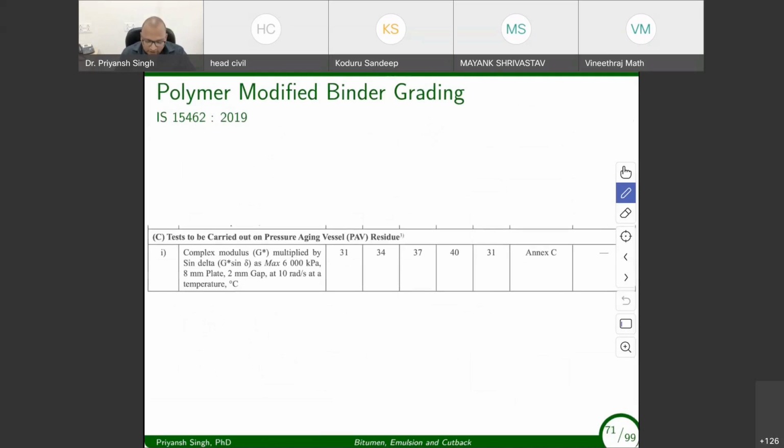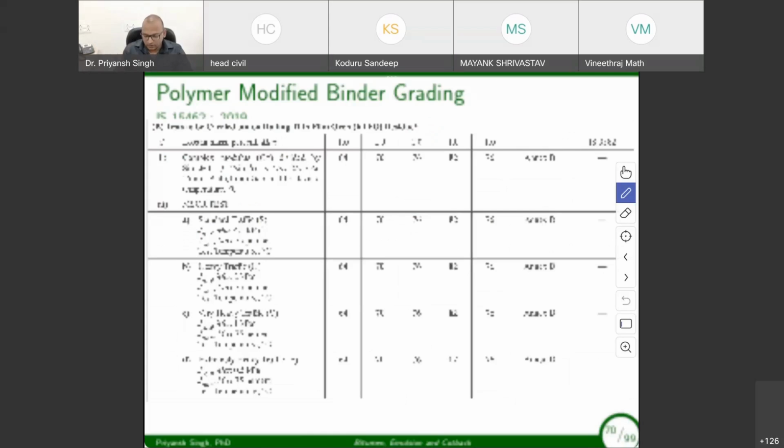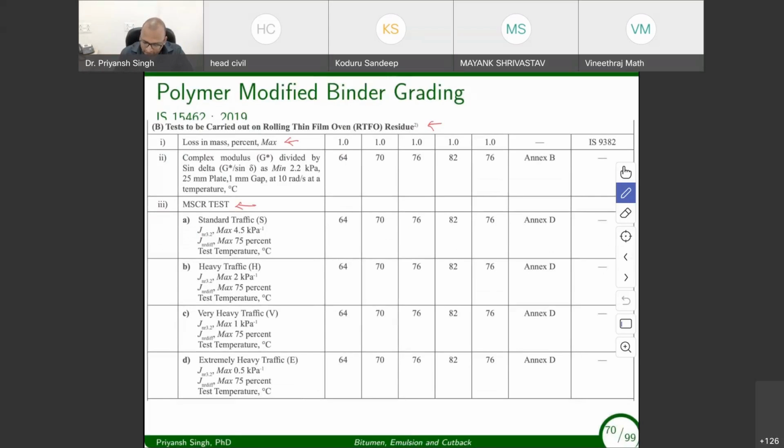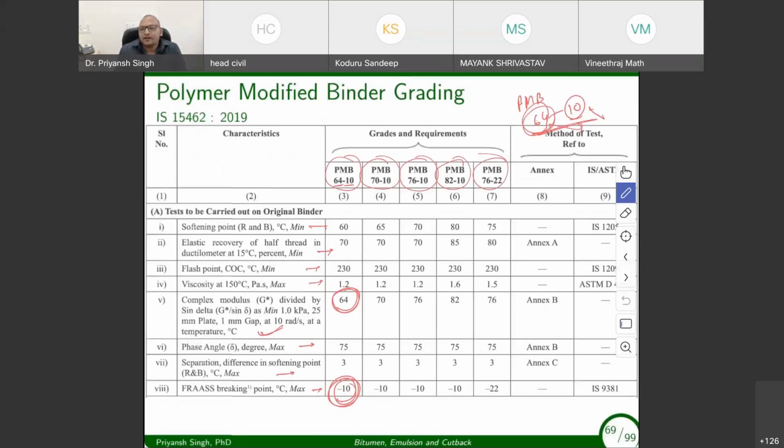Then, on the PAV aged sample, again the G star sine delta fatigue parameter needs to be evaluated. So these are the different tests whose values will be required in order to grade a binder in a particular grade as per IS 15462.